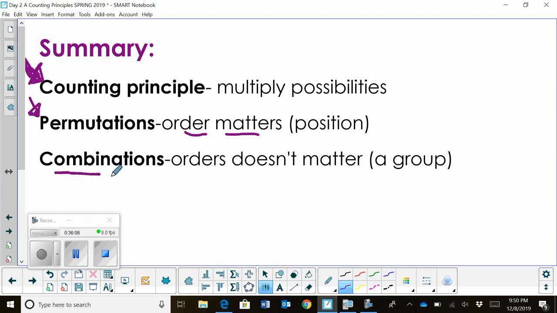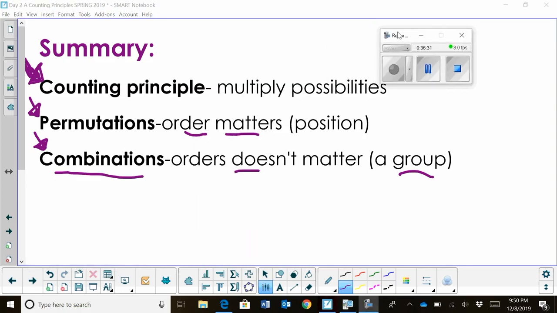And then combinations. A combination is when the order of choosing your options doesn't matter, when you're choosing in a group. So whenever you have some choices, the solution group or what you're choosing ends up just being a group where the position does not matter. And that's kind of the summary of this lesson. I hope this lesson on the counting principle, permutation, and combinations was helpful.